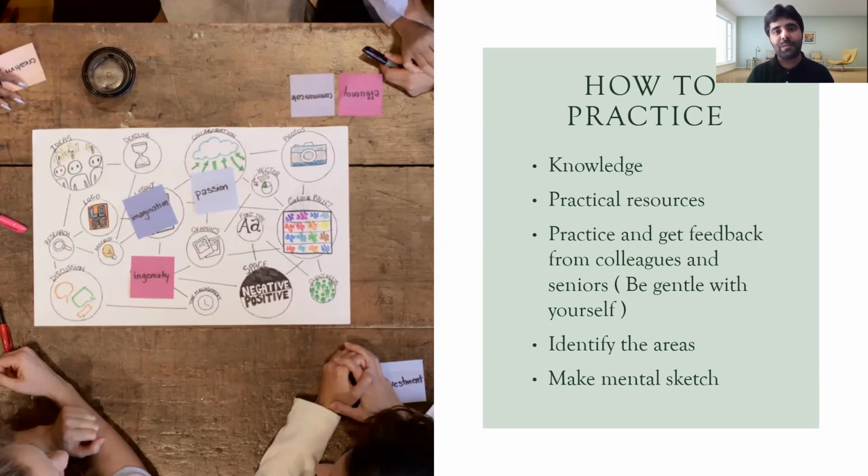In the exam or in the mock, first of all, you have to identify the area of the station, whether this station is related to assessment, history taking, or examination. And we know that from each area, there are multiple stations. You should have a mental sketch for each area.